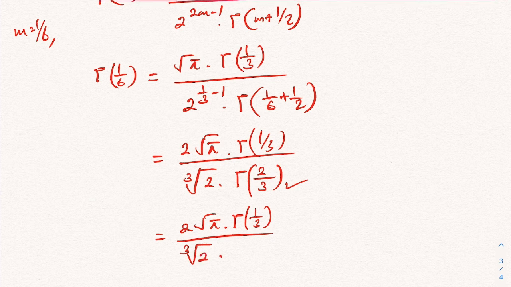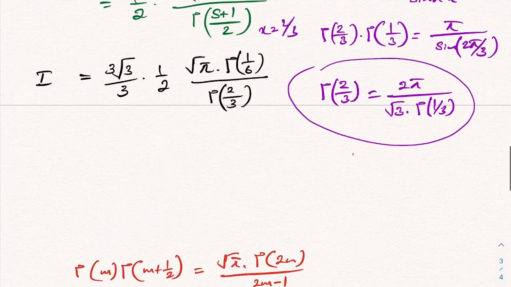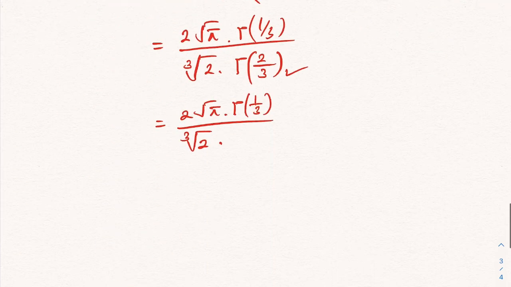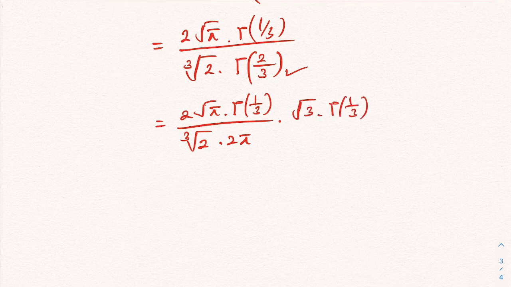Now here we have gamma of 2 over 3. We know gamma of 2 over 3 is equal to 2 pi over square root of 3 times gamma of 1 over 3. Okay, now we can simplify here.